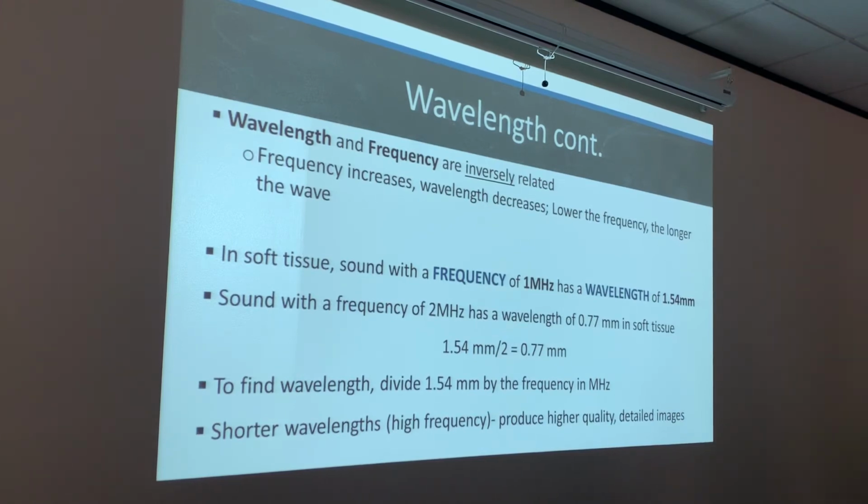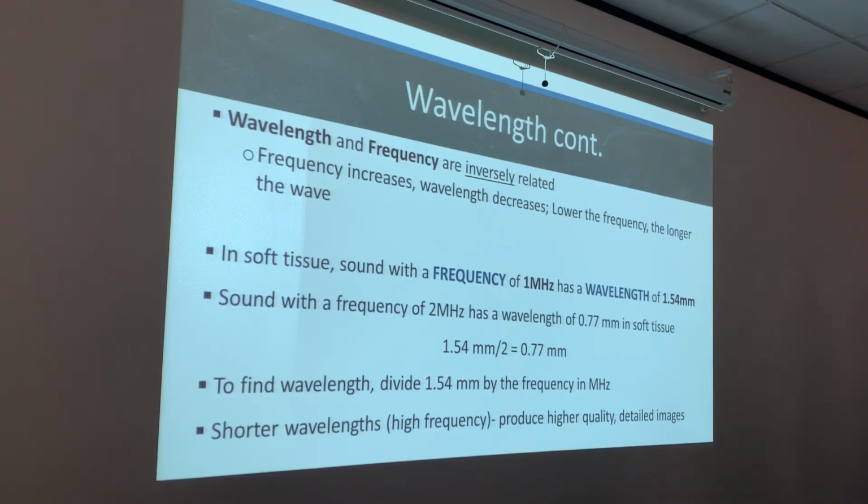All right. Anybody can pull their calculator out and tell me, if I have a 3 megahertz transducer, what is my wavelength? Just divide 1.54 by 3. I think it's 0.51 off the top of my head. It's 0.51 millimeters. That's our wavelength.